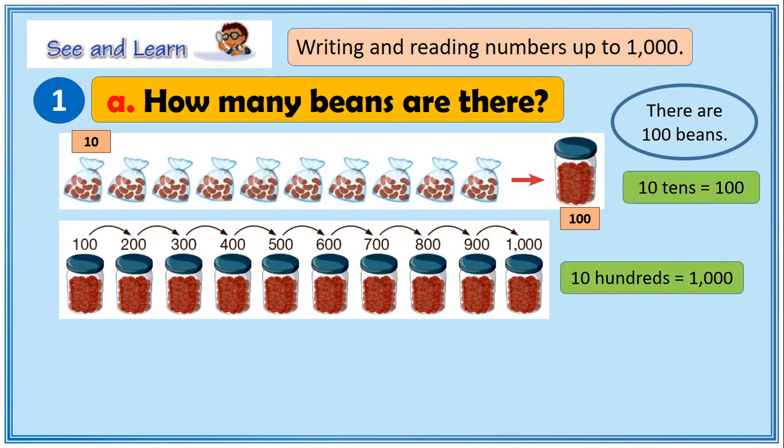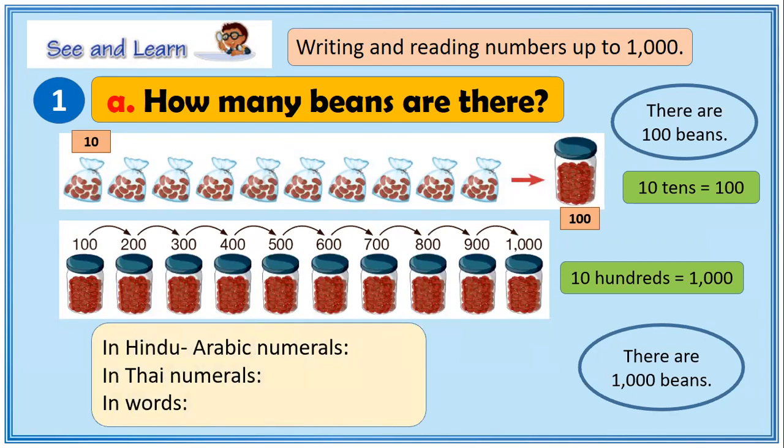So again, 10 hundreds make up 1000. All in all, there are 1000 beans. And 1000 in Hindu-Arabic numerals is written as this, and in Thai numerals, it is written in this way.